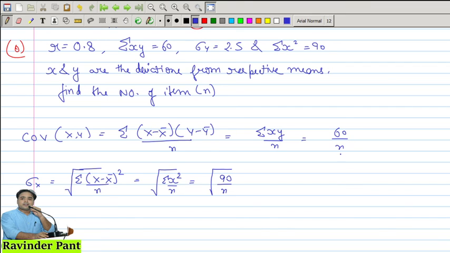So we have the covariance, we have the standard deviation. Can we apply? Why? Because we have this value given.